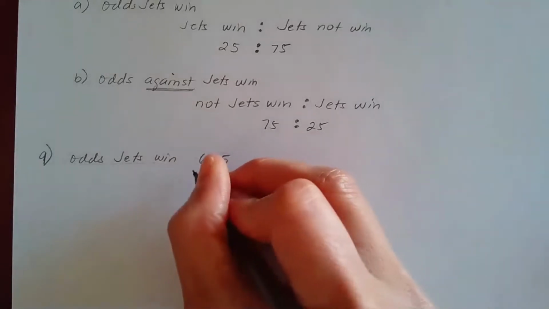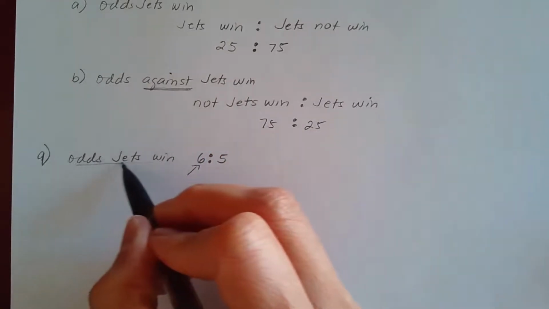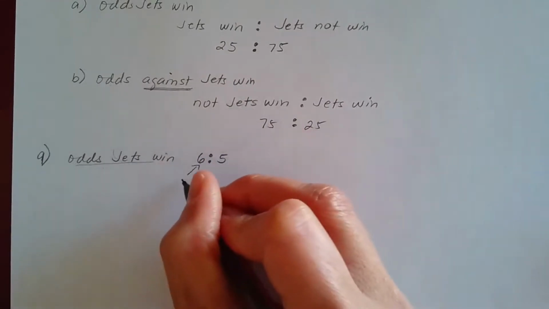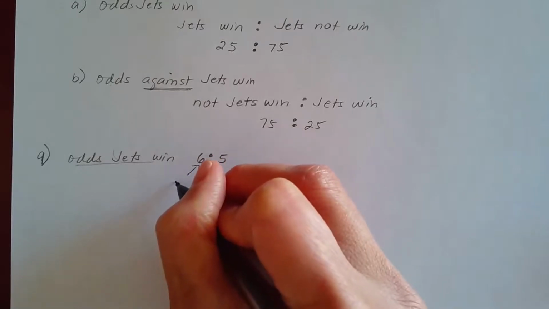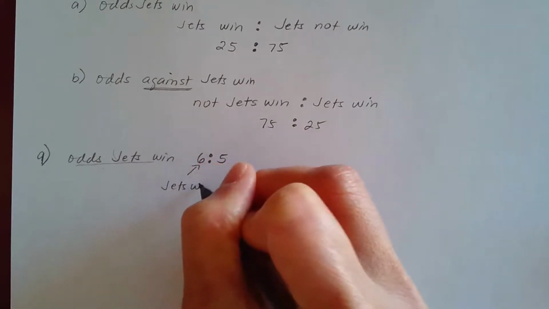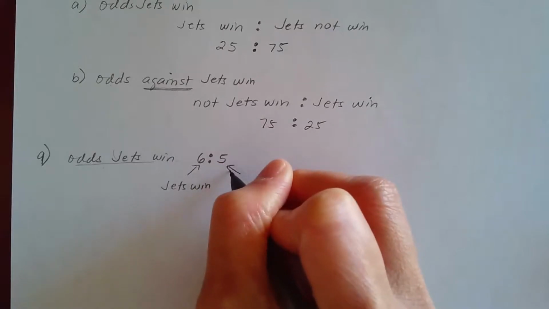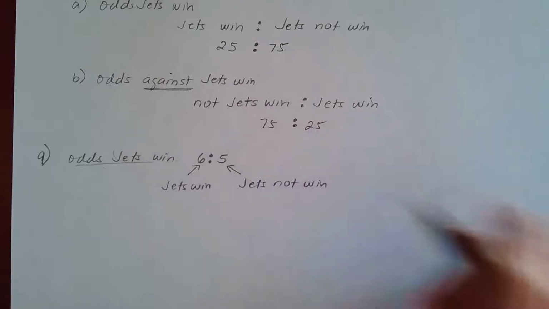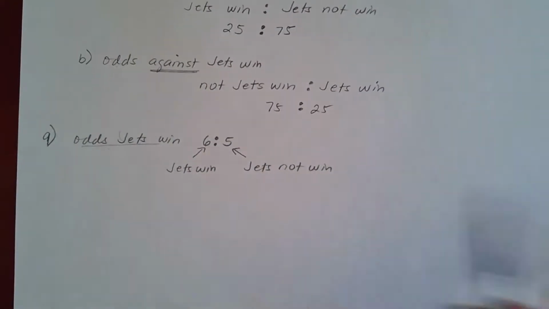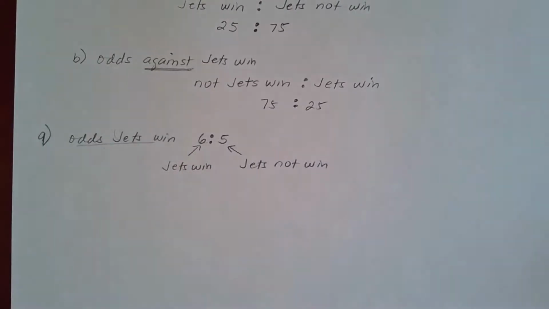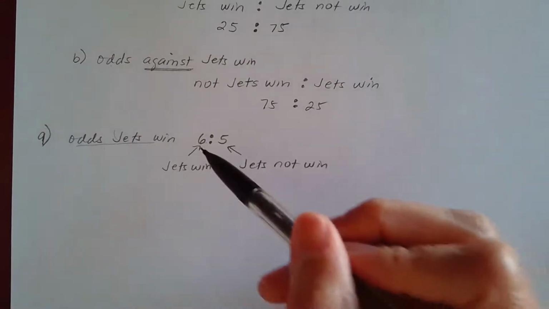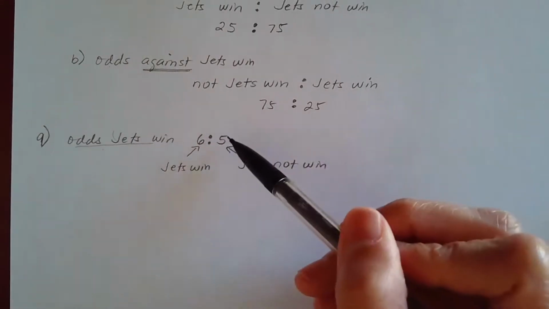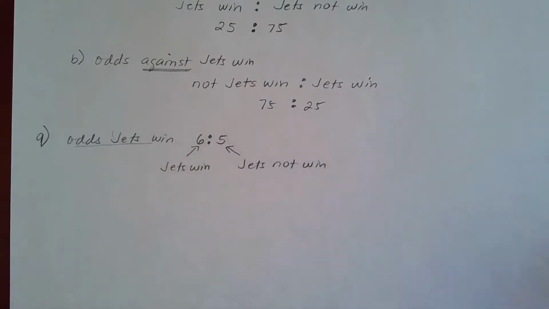How do we interpret this one? Because this is the Jets winning, this number 6 is the win, and this number here is Jets not win. So 6:5 is the ratio of winning and not winning. Odds is really a comparison or ratio.